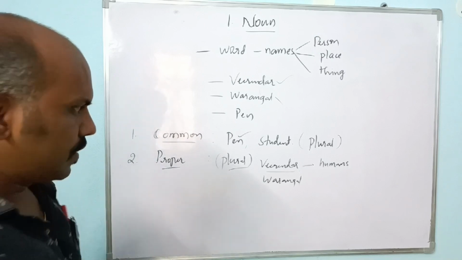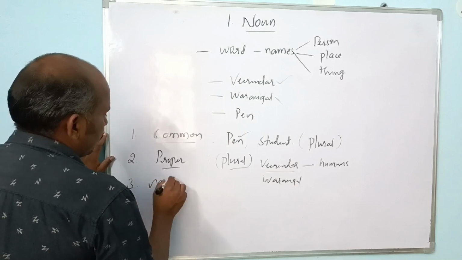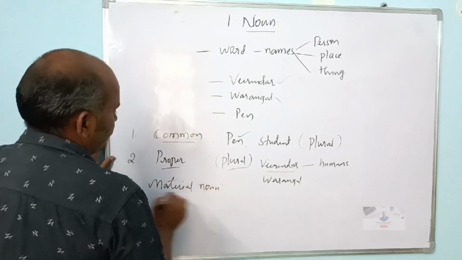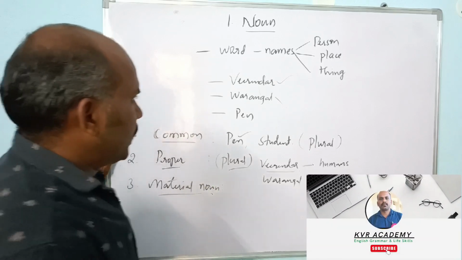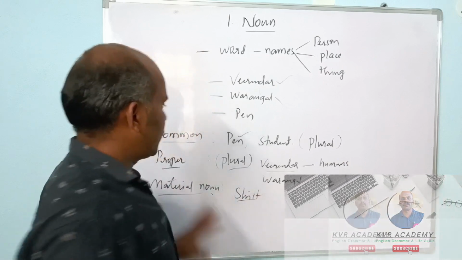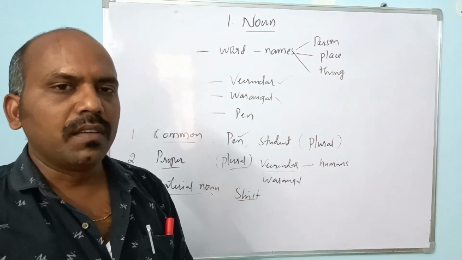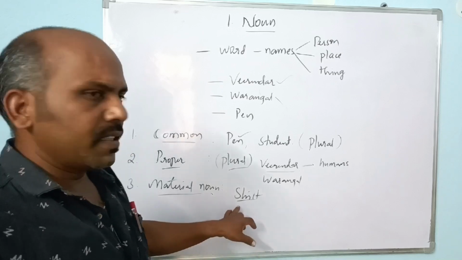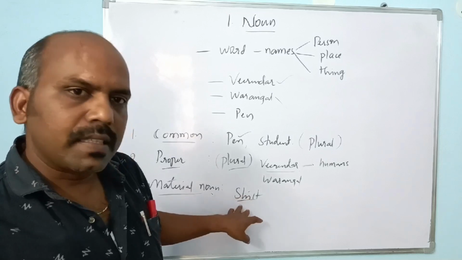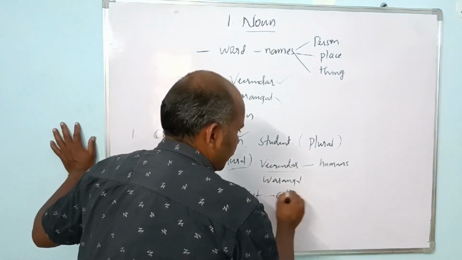Okay. And coming to number three, material noun. A shirt is a noun which is very common because it allows plural, shirts. Shirt is a common noun, but it is not material. But the shirt is made of cotton, right?